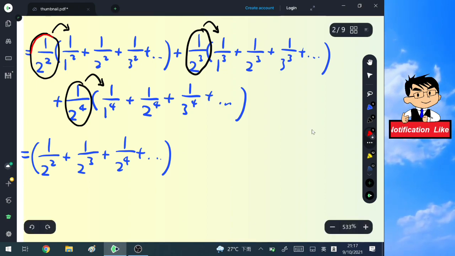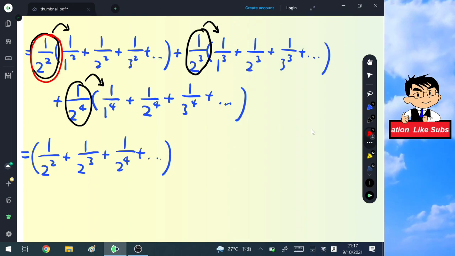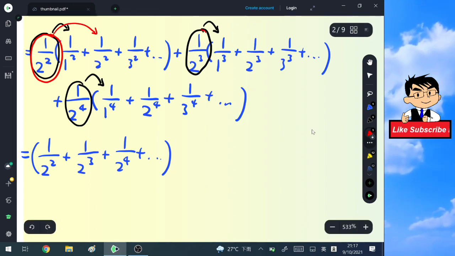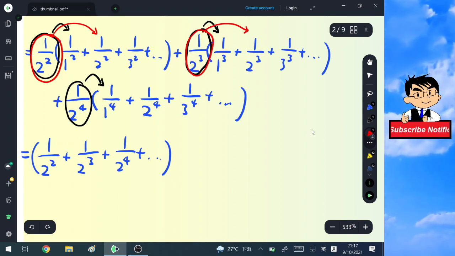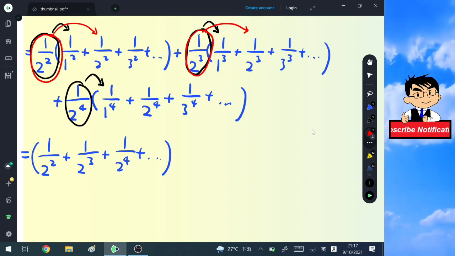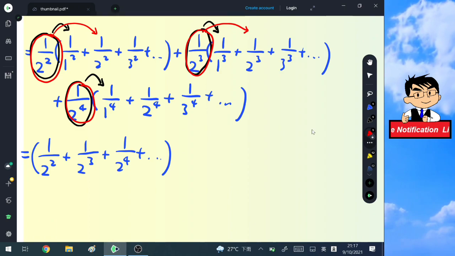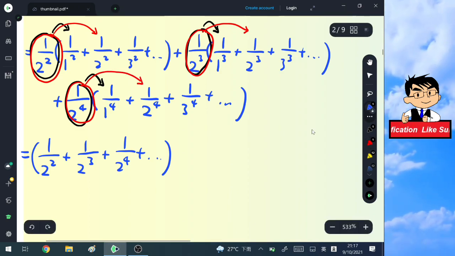The second sum is 1 over 2 squared multiplied by 1 over 2 squared. And the next term is 1 over 2 to the power of 3 multiplied by 1 over 2 to the power of 3. And for the third one, the same pattern, 1 over 2 to the power of 4 multiplied by 1 over 2 to the power of 4.